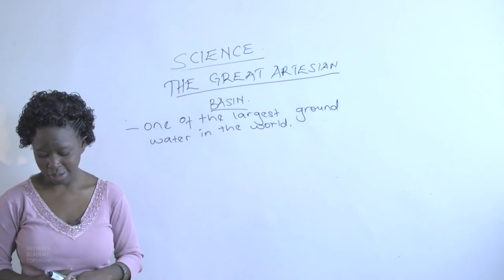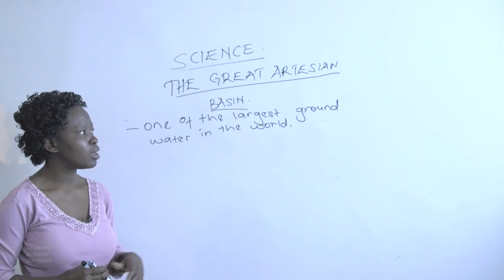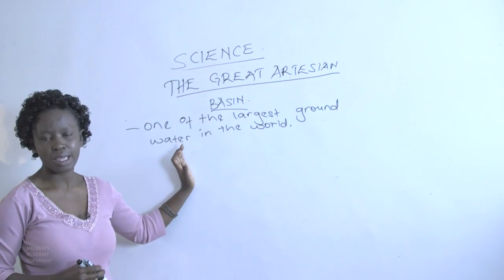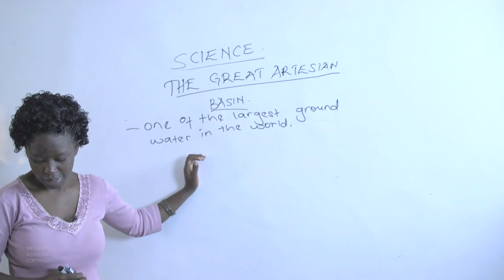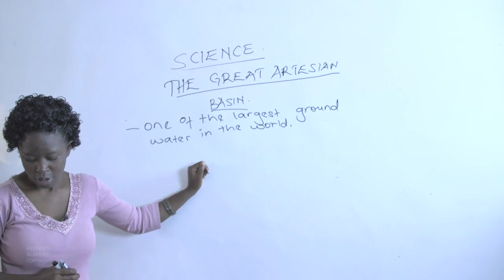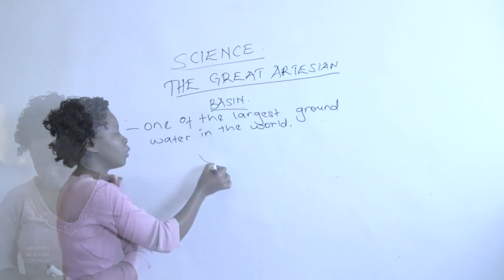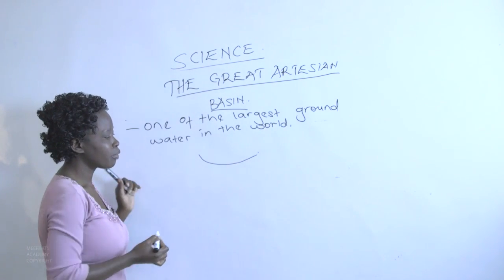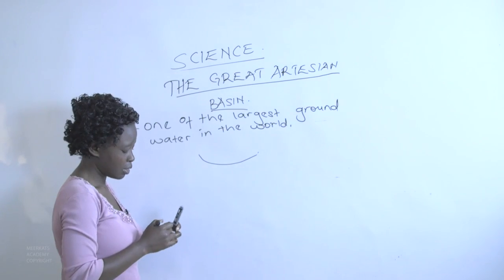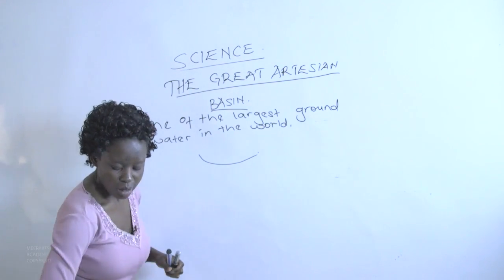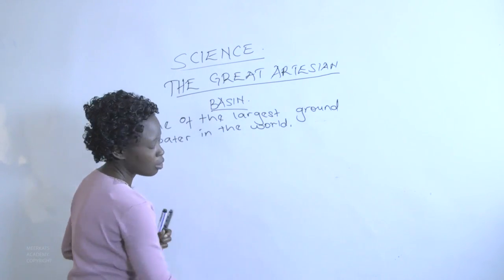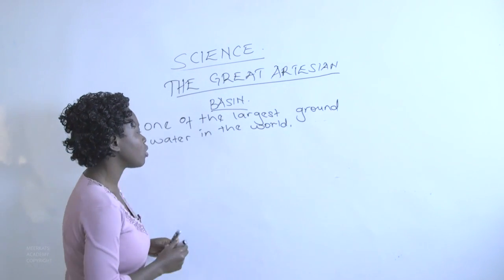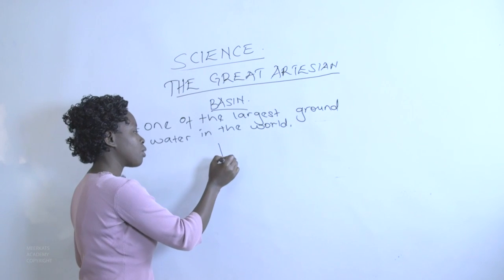The Great Artesian Basin was formed many million years ago, and this is what happened. We have water from the rain that fell on the earth's surface, falling in seas and oceans, and this water later on percolated.